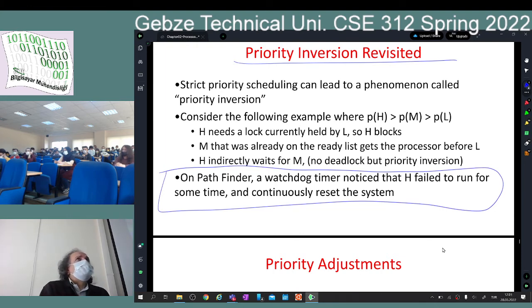You know what ransomware is? What is the Turkish for ransomware? Şantaj, şantaj, fidye yazılımı. So you hack somebody's system, you say that if you pay me $10 million in Bitcoin, I'm going to release all of your data.